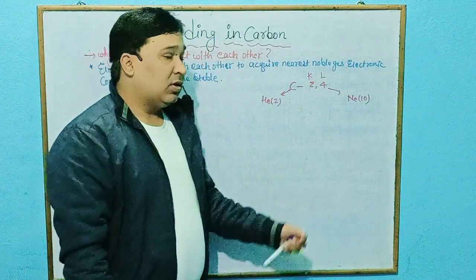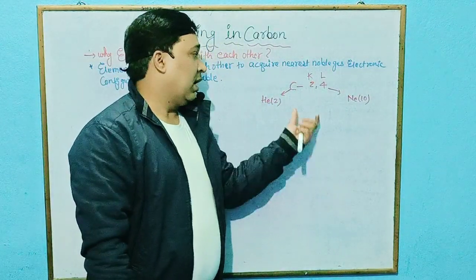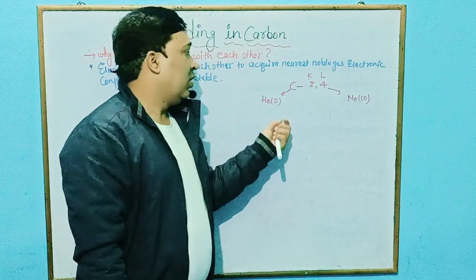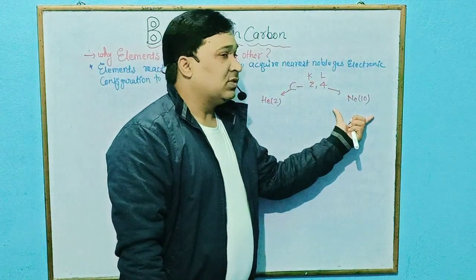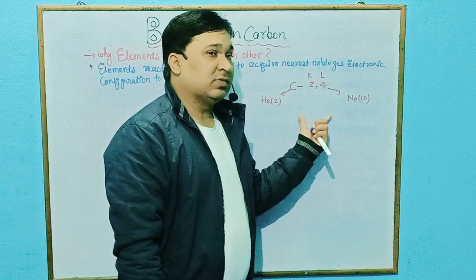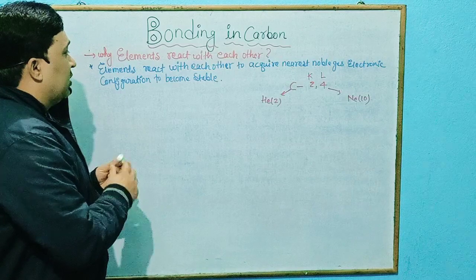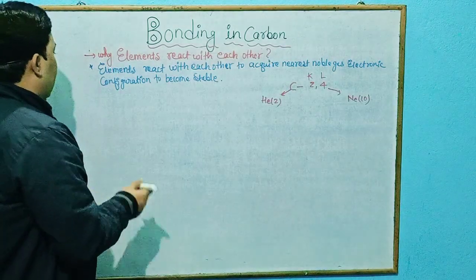So in order to gain stability, carbon has to either gain the electronic configuration of helium or gain the electronic configuration of neon. These are the nearest noble gases for carbon. So we are assuming two conditions.